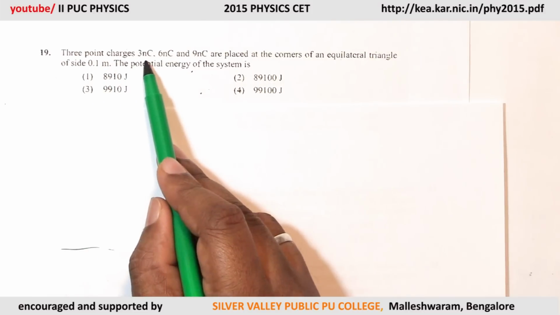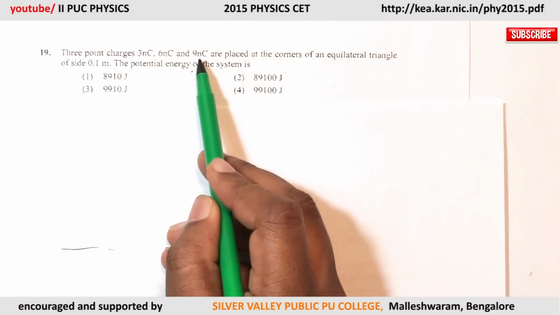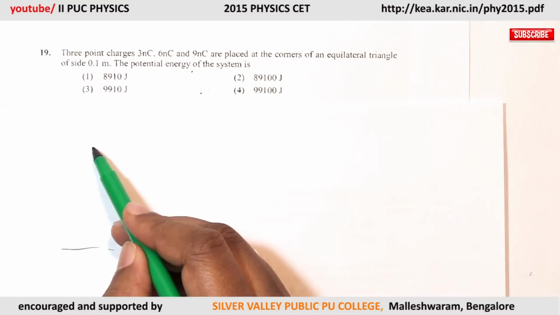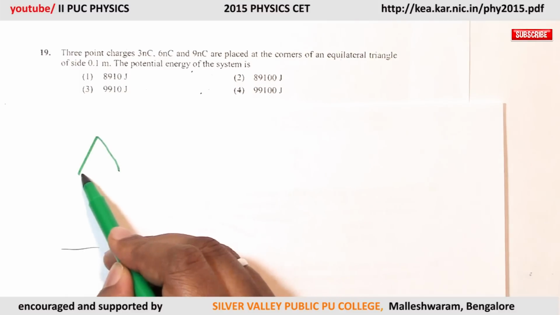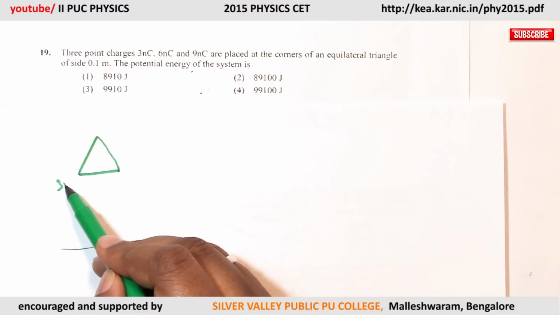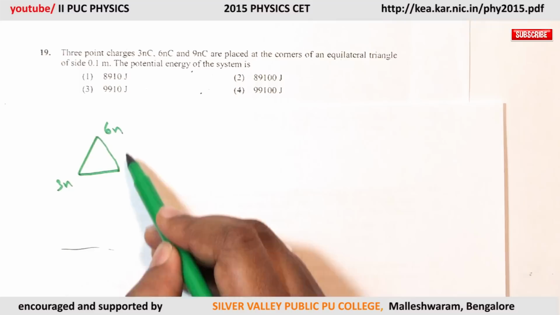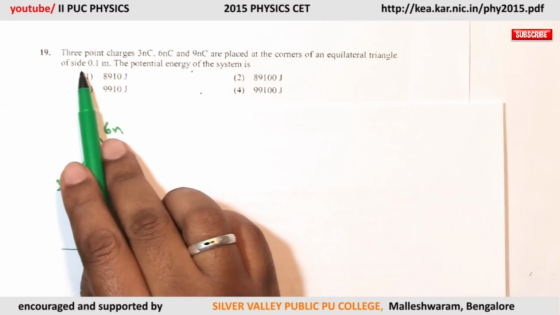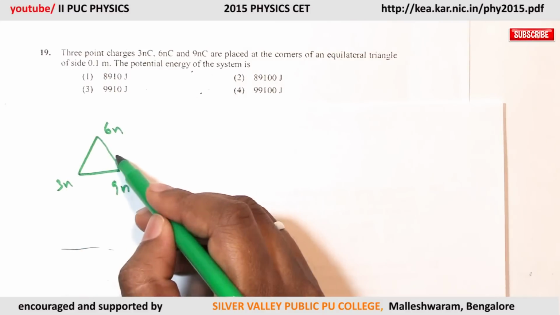3 point charges, 3 nano, 6 nano, 9 nano, are placed at the corners of an equilateral triangle. Length of each side is 0.1 meter.